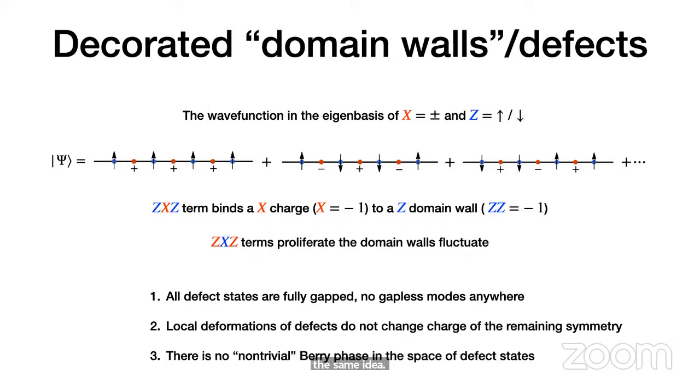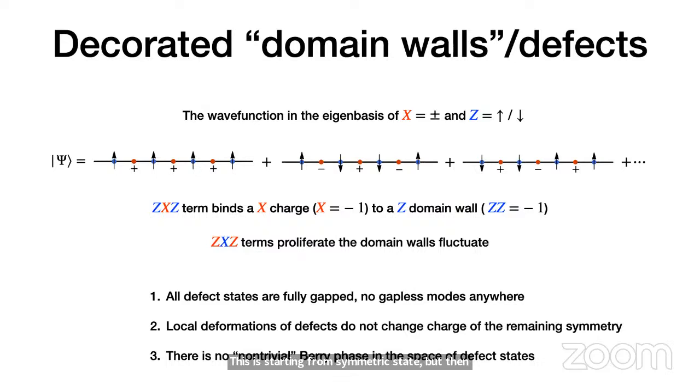Is the idea the same as the domain wall decoration construction of SPT then? Yeah, this is essentially equivalent to domain wall decoration. We just kind of reverse the logic. We actually start from a state and put in defects, instead of first breaking the symmetry and adding domain walls up. This is starting from a symmetric state, but then introducing defects. But it's equivalent in the end of the day.